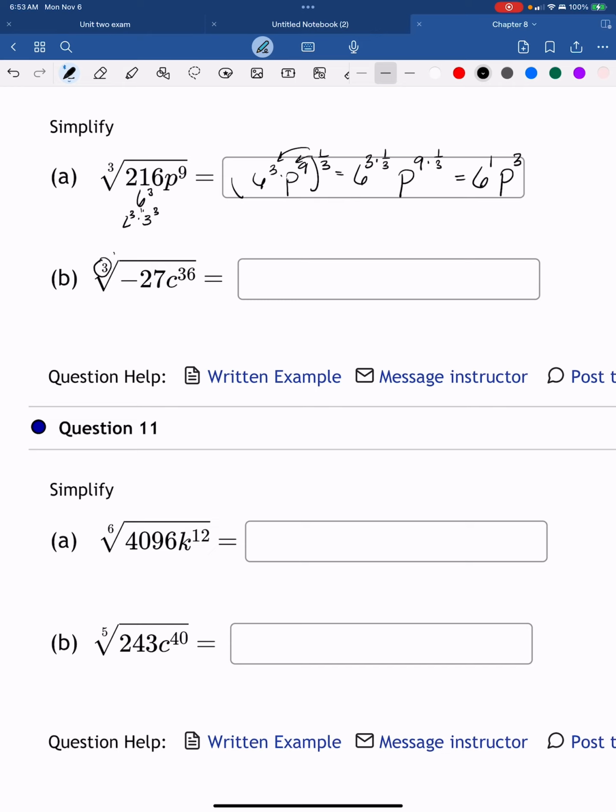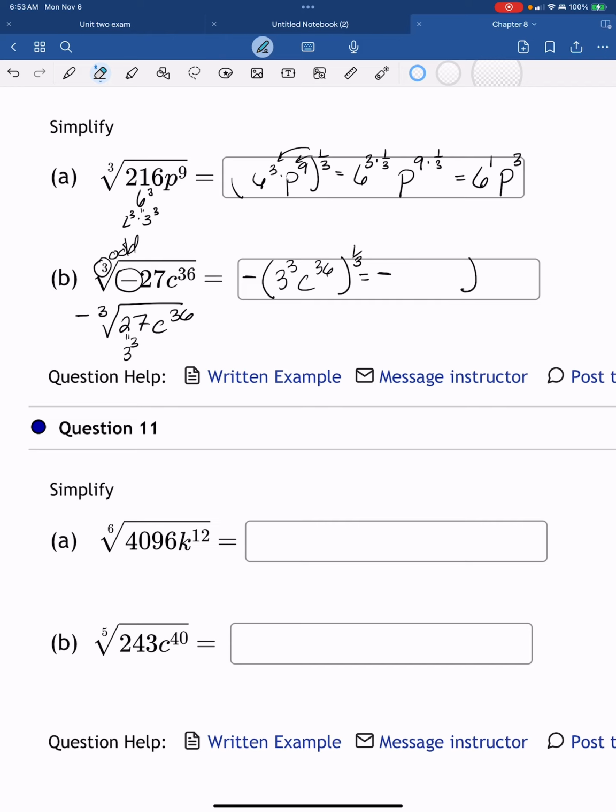First, I see that this is odd, and I have a negative sign, so that becomes negative cube root of 27C to the 36. So I'm just going to have these negative. And I'm pre-writing my negatives. 27 is 3 cubed. So I have 3 cubed C to the 36 all to the 1/3.